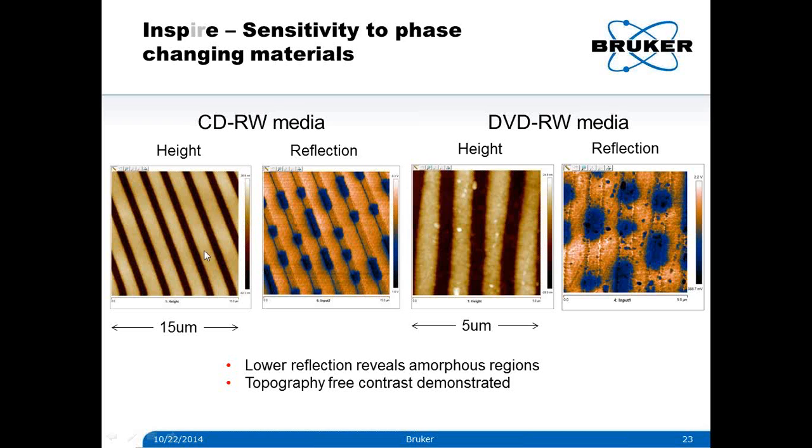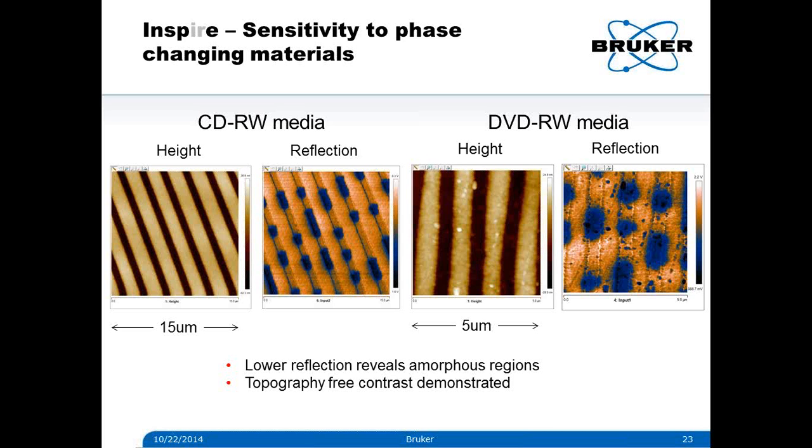And you see in the height channel these trenches in both cases, but you don't see any dots in the height channel here, which would be the case if you look at ROM media, where you actually have dots that are the bits, that are the data that you have on your DVD.